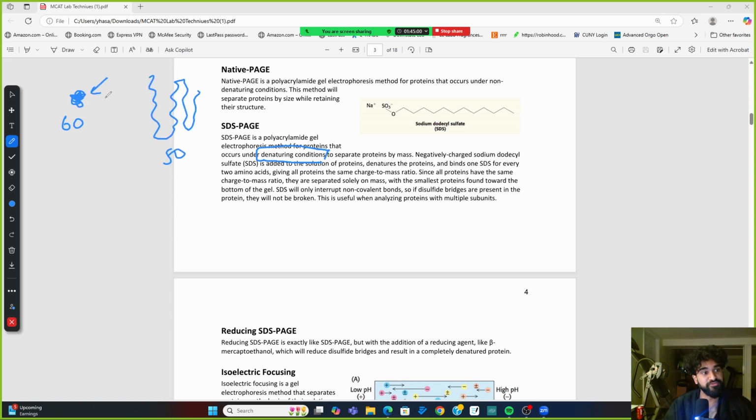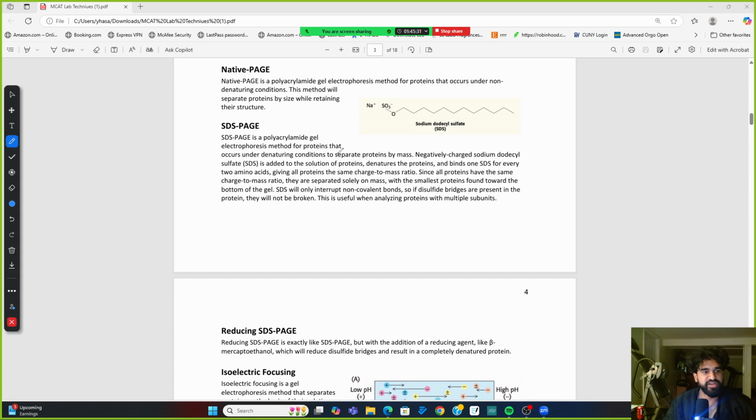And this might move faster initially, right? But if we denature both of them using sodium dodecyl sulfate, then the 60 is going to look like this, and the 50 is going to look like this. And now all of a sudden, this is going to move faster because we've denatured both of them. Does that make sense? Yes? Very good. Awesome. I like when things make sense. Okay.